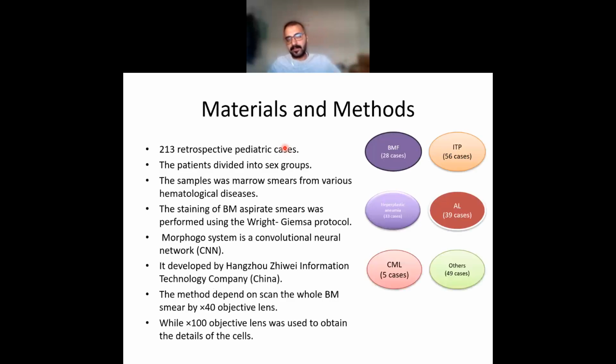So we will move to the materials and methods in this paper. We will begin with the sample collection, which is 213 retrospective pediatric cases from the Harbin Hospital in China.